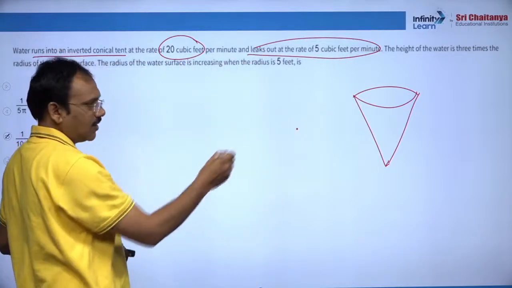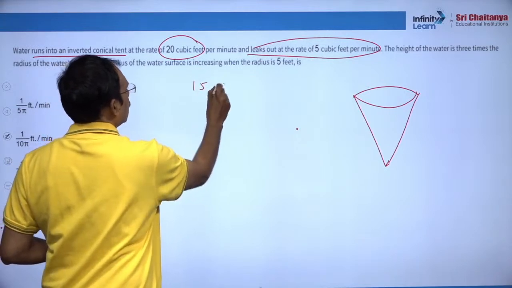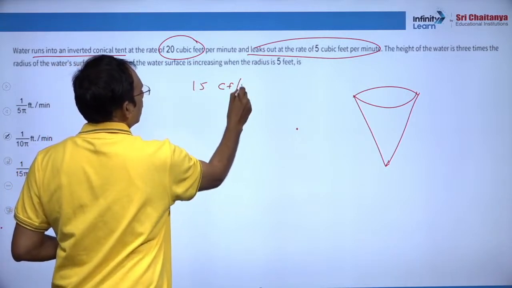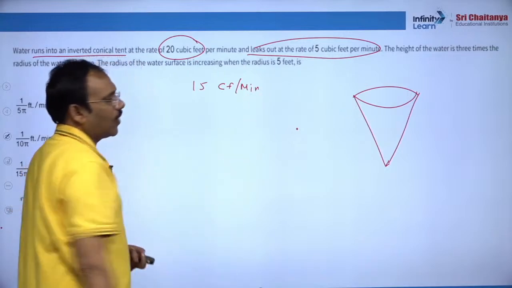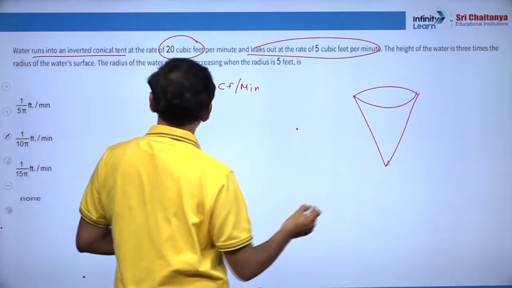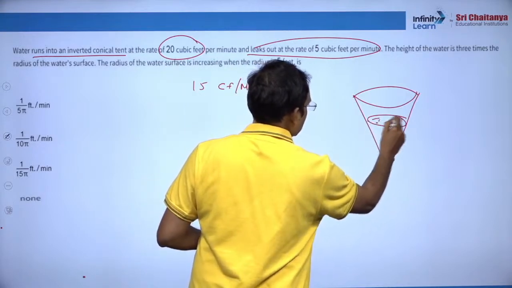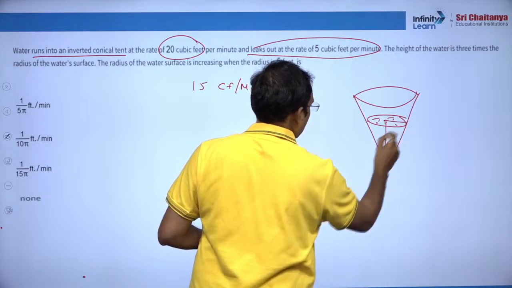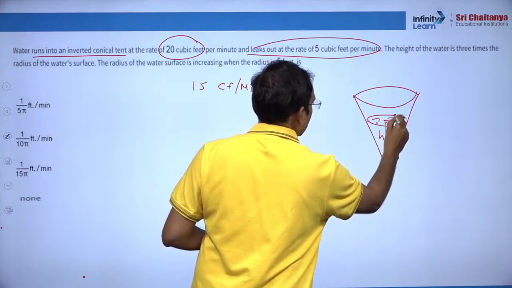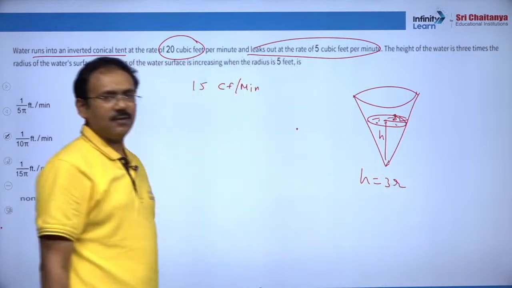Together I can say the rate of change of volume will be 15 cubic feet per minute. The height of the water is 3 times the radius of the water surface. Suppose this is the water surface, height h, this is radius r; h is equal to 3r, he mentioned, right.